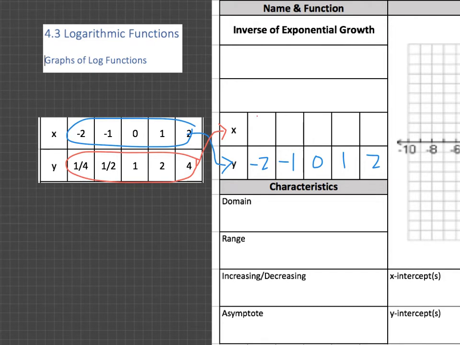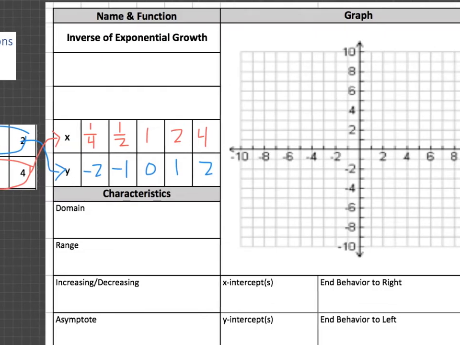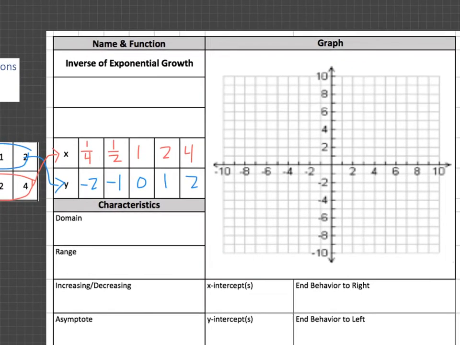So I put in the 1/4 that corresponds with -2, 1/2 corresponds with -1, 1 corresponds to 0, 2 goes with 1, and 4 goes with 2. Okay, let's go ahead and graph based on those x and y values.